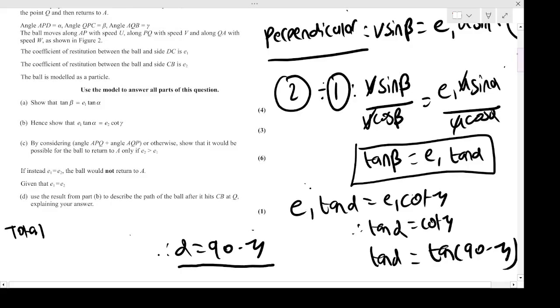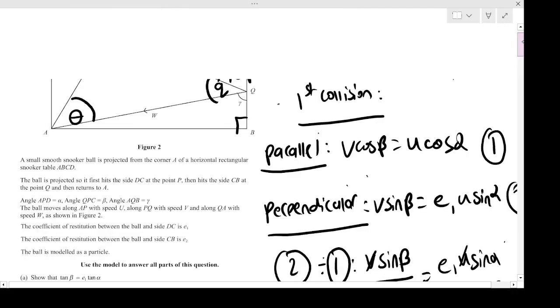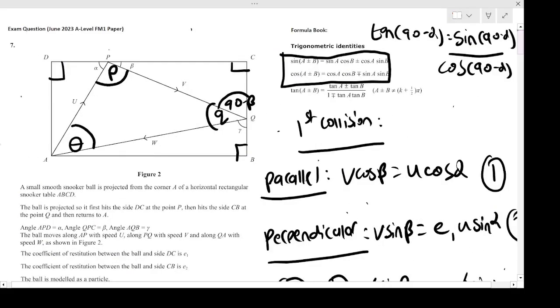Because remember, angle deflection is all to do with the direction of movement. It tells me how much I deflect by. So if I was to consider the total angle deflection, well, that's going to be the angle deflection for both the collisions combined.